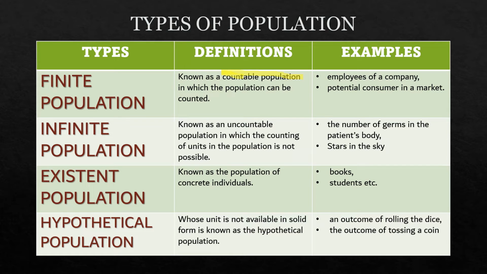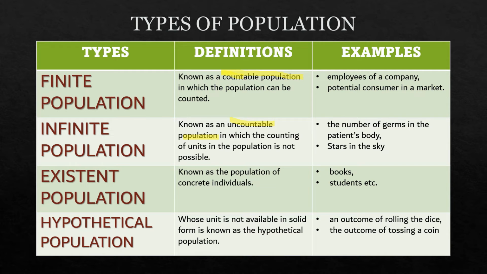Second is the infinite population. It is known as an uncountable population in which the counting of units of the population is not possible. Examples of an infinite population are the number of germs in a patient's body and stars in the sky. Of course, no one could count them.